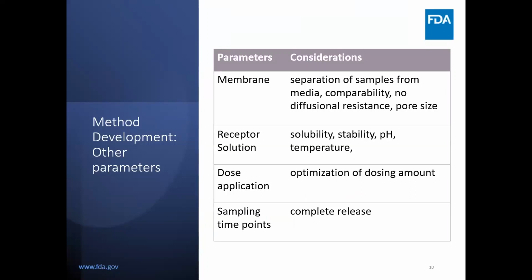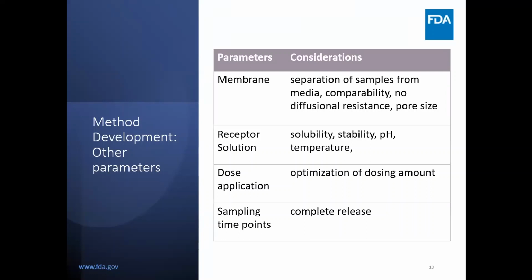The pH of the receptor solution and temperature also should be considered when you develop the IVRT method. We also often see that the applicant didn't submit the optimization of loading amount of ophthalmic product. However, sometimes the sample loading amount can be a critical factor, so you also have to consider it.